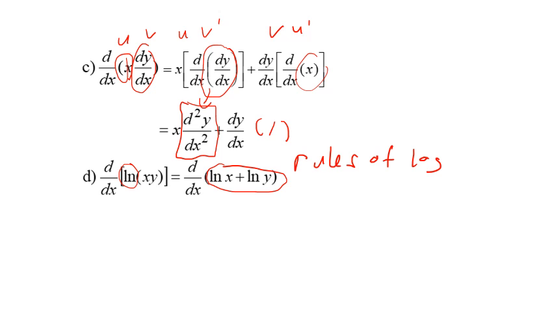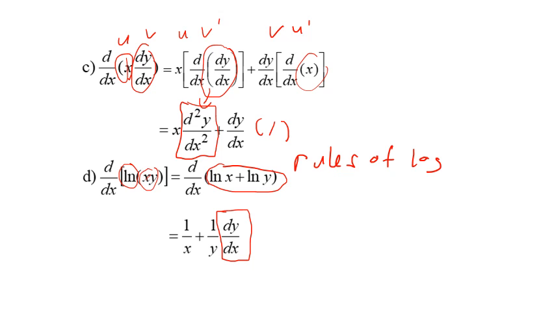Inside the function ln, if it is multiplied, we can split it and it becomes ln x plus ln y. Then we can differentiate separately. For ln x, it will be 1 over x. And for ln y, it will also be 1 over y, but since it is y, you have to multiply with dy dx. So don't forget dy dx here. There's nothing much to simplify, and that will be the final answer for question D.